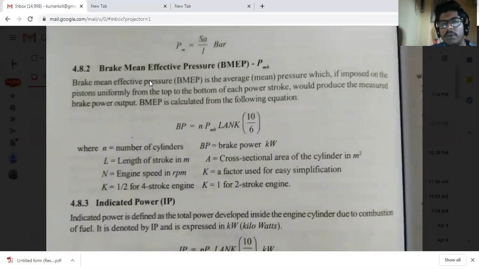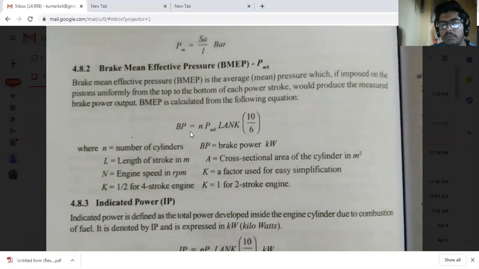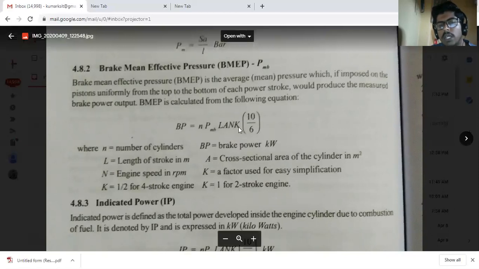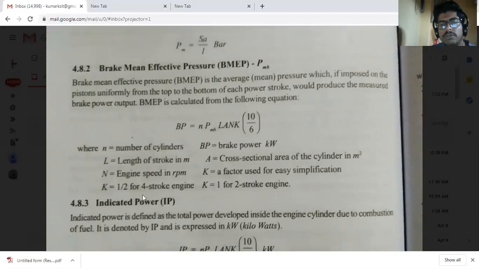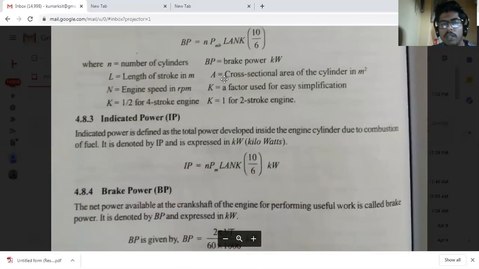It is abbreviated as BMEP and calculated from the equation BP = n × PMB × L × A × N × K × 10^-6, where n is the number of cylinders, PMB is the brake mean effective pressure, L is the length of stroke, A is the area of the cylinder, N is the speed, and K is the engine constant, 1/2 for a four-stroke engine and 1 for a two-stroke engine. So this is about brake mean effective pressure.